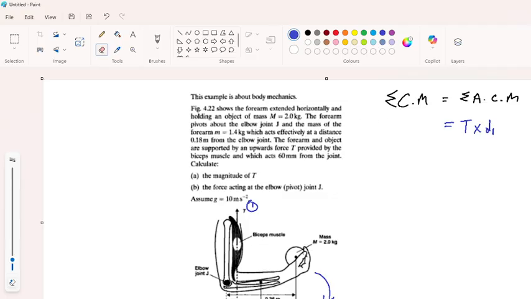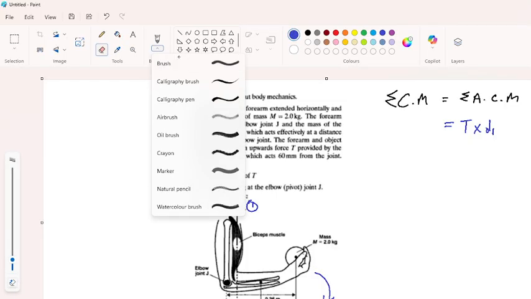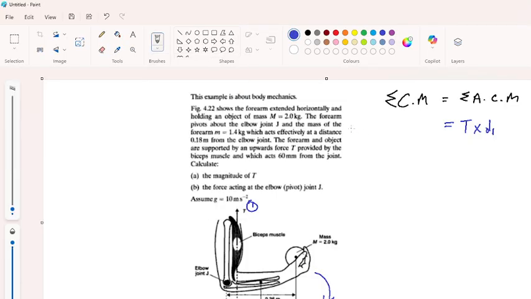So you have to look at the force times distance for all forces in the system. So it's going to be, let's call this times D2, plus, let's call this our mass, let's call this Fm times D3. And that's the equation. So moments is the sum of clockwise moments.